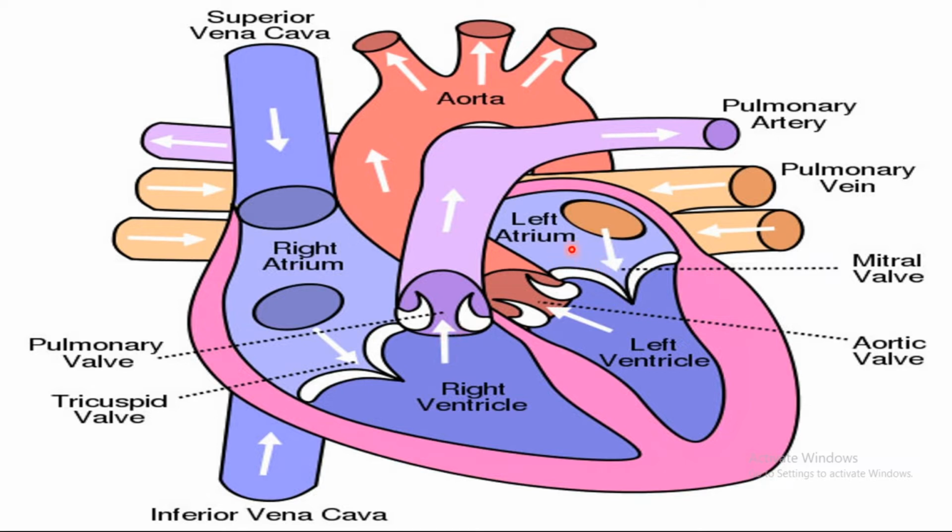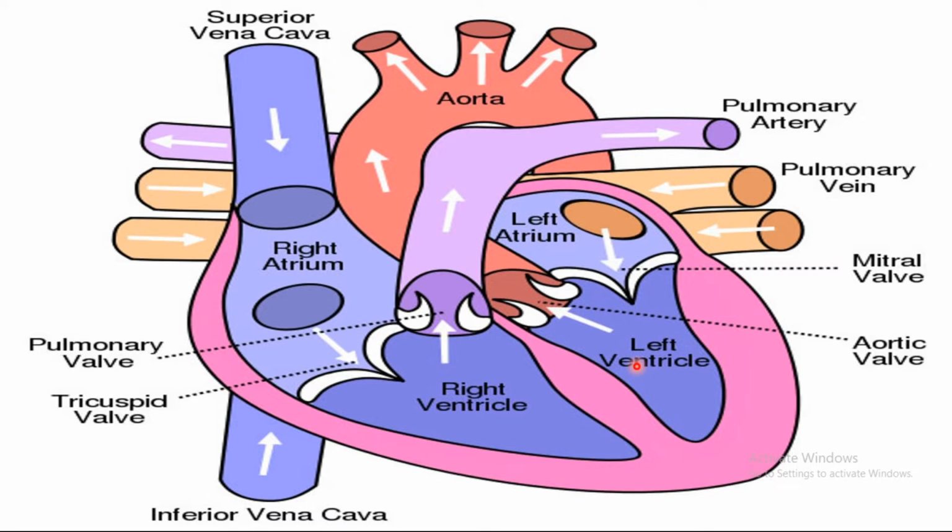And the left atrium will get that oxygenated blood to send it into the left ventricle to get sent into the body. So the right atrium gets the blood from the body and the right ventricle sends it to the lungs. The left atrium gets blood from the lungs and the left ventricle sends it to the body.